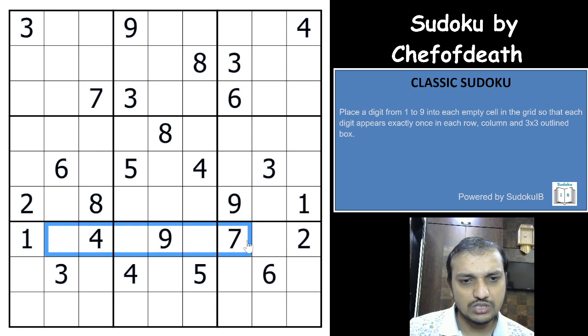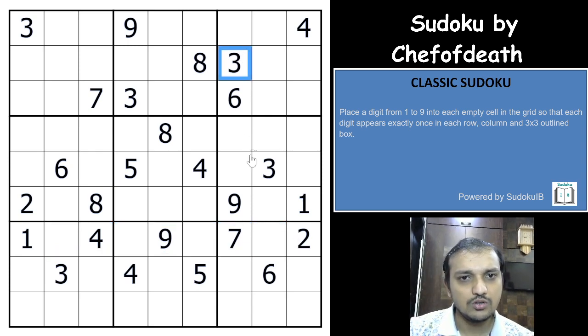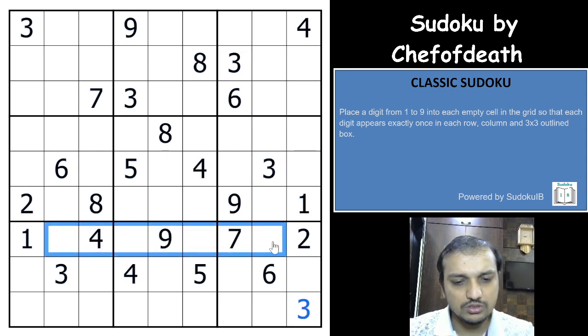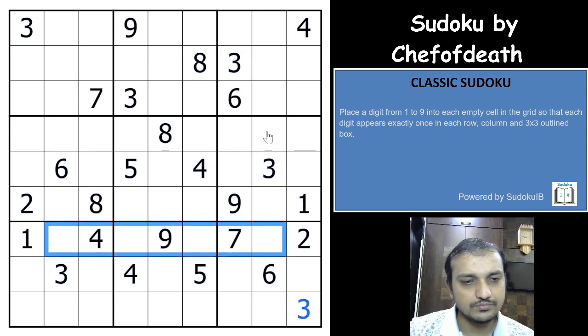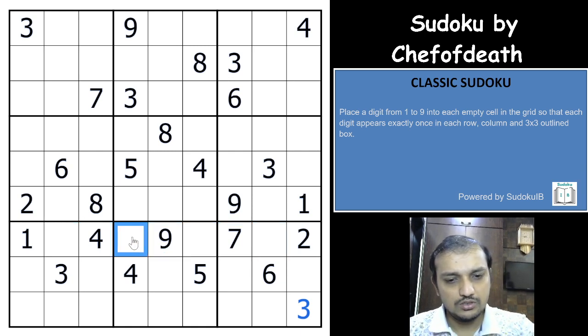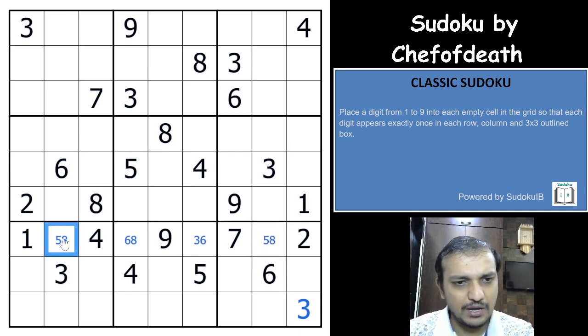I could see the start can be here. So you get a 3 here, and this would have to be a 3. These cells are 3, 5, 6 and 8. Oh, so you have a 5, 8 pair here in these cells.